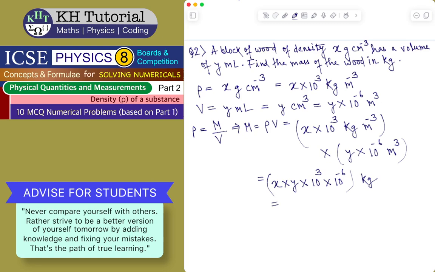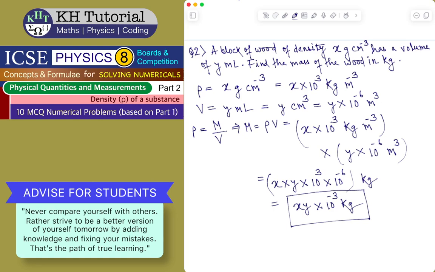After further simplification, it is xy multiplied by 10 to the power minus 3 kilogram. So this is the mass of the wood in kilogram.